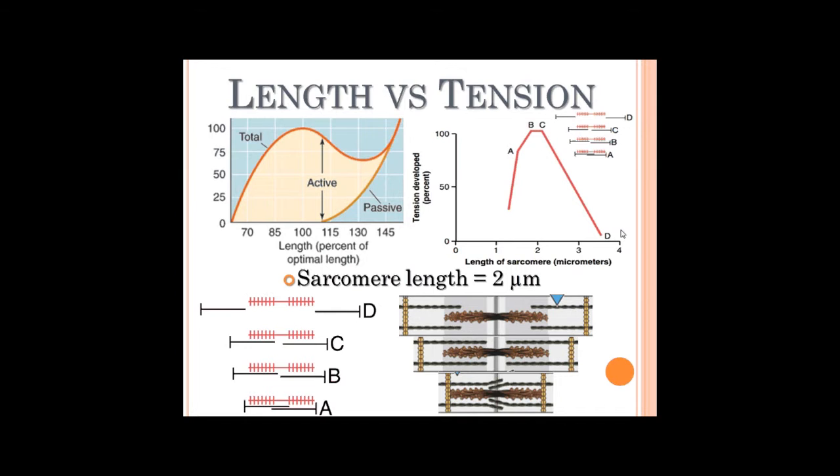Now, when the muscle is reduced in length, this can be shown here in figure A. What happens is the myosin, or the thick filament, begins to butt up against the Z-disc line. We also see that the actin filaments begin to overlap each other. This once again reduces the total number of actin-myosin cross-bridge heads.